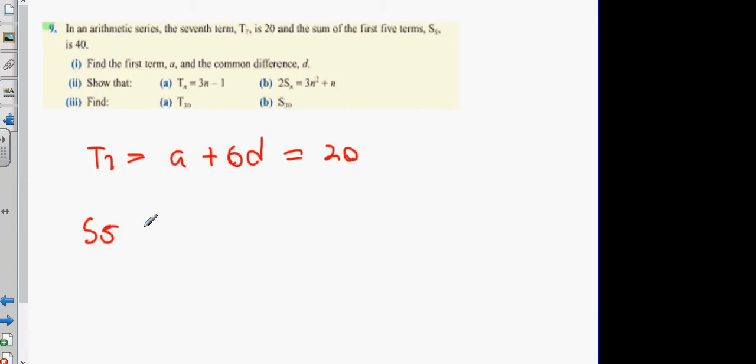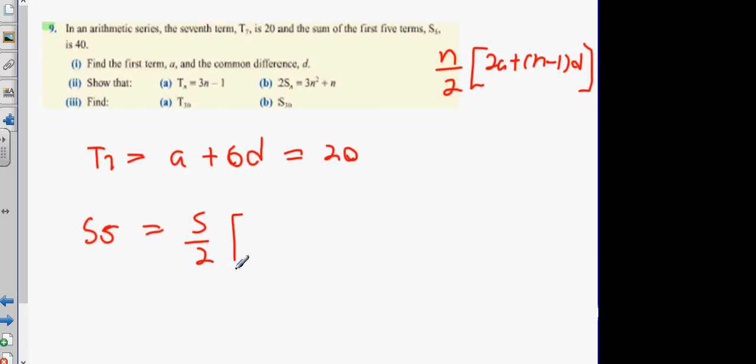S5, once again, using the formula n over 2 into 2a plus n minus 1 times d, what we're going to get is 5 over 2 brackets 2a plus 5 minus 1 times d. Now, 5 minus 1 is what? 5 minus 1 is 4, okay?